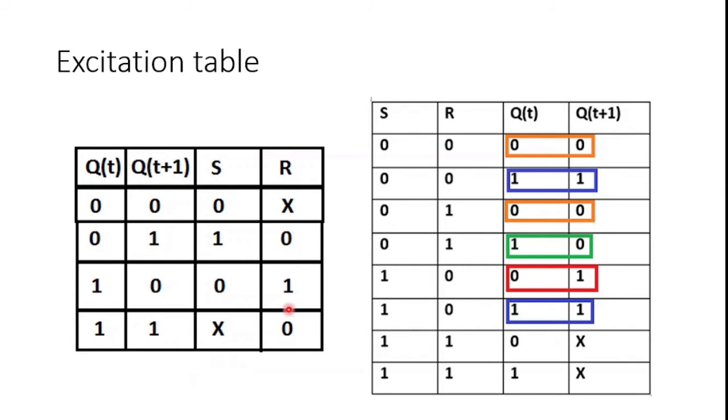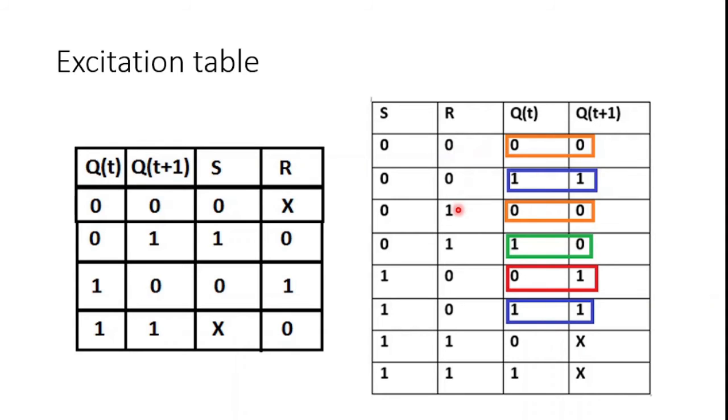And this is the excitation table. Now how did I get this one? Well, we extracted this excitation table from the truth table. Now notice that when Qt plus 1 is 0, like this one, then you should notice that S is always 0, like this one and this one. And as for the R, it's 0 or 1.